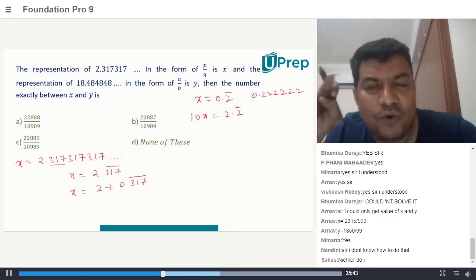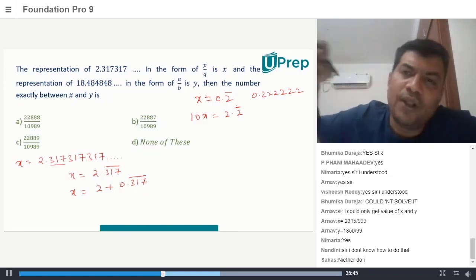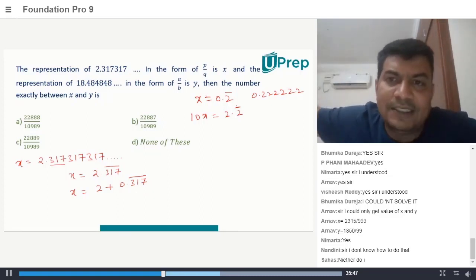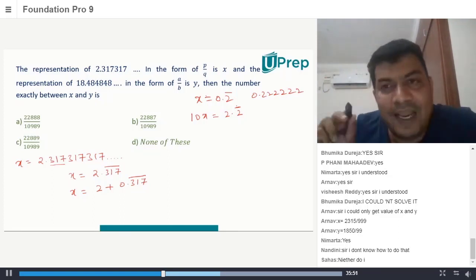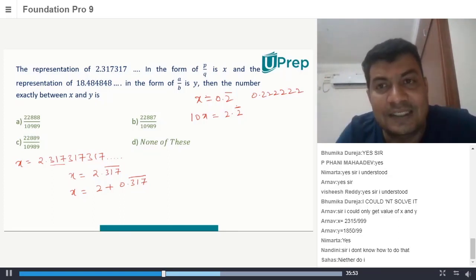What do you mean by 2 bar? 2 is going on till infinity. It's a non-terminating number. So now I'm multiplying by 10, and 10x is 2.2 bar.